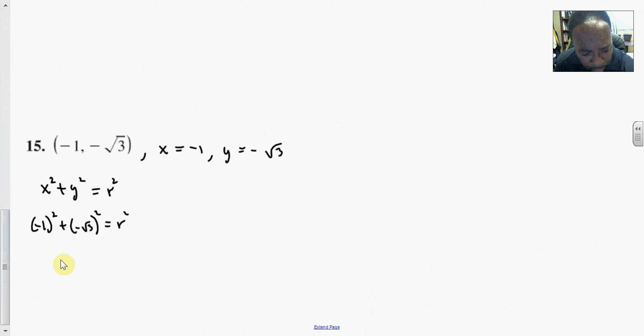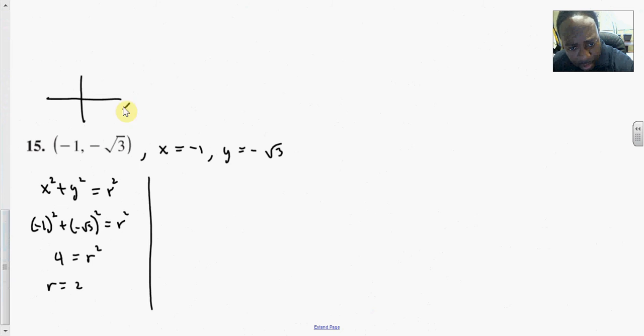Gives us 1 plus 3, so we get 4 is equal to r squared. r is equal to 2. Now the point is in that third quadrant where x is negative and y is negative. So x is negative 1, y is negative square root of 3. Somewhere there.